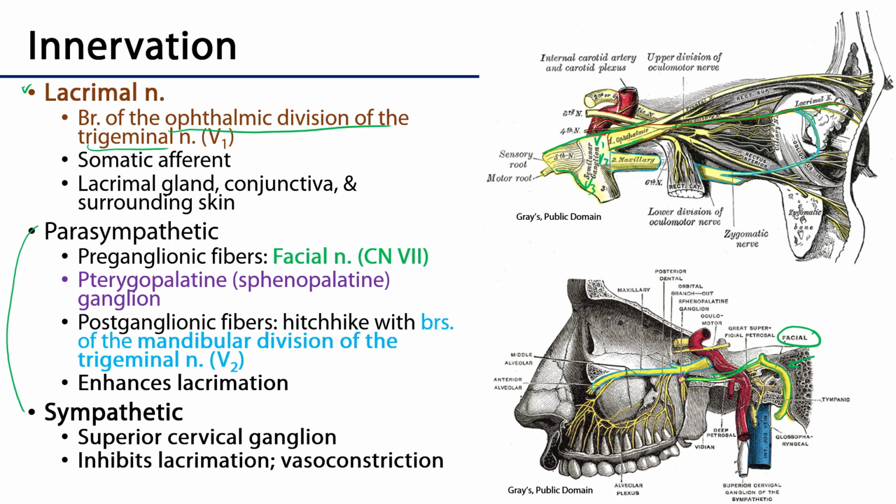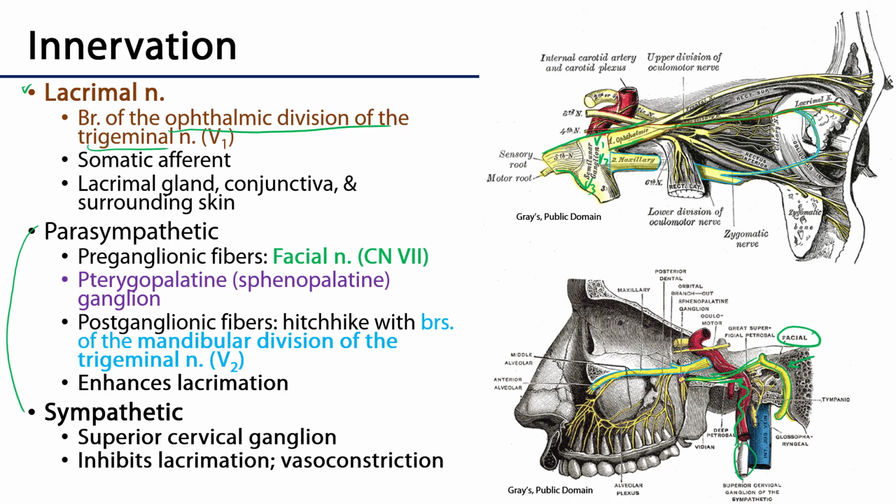And it's met with a nerve called the deep petrosal, which is conducting sympathetic fibers from the superior cervical ganglion up along the internal carotid artery. So sympathetic fibers from the internal carotid plexus, from that superior cervical ganglion, meet preganglionic parasympathetic fibers to form a nerve.